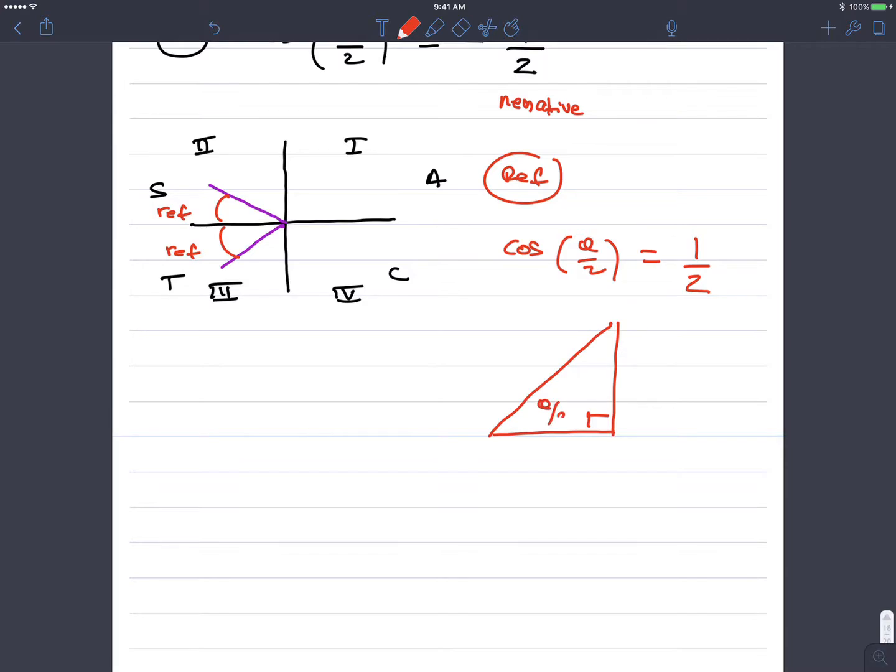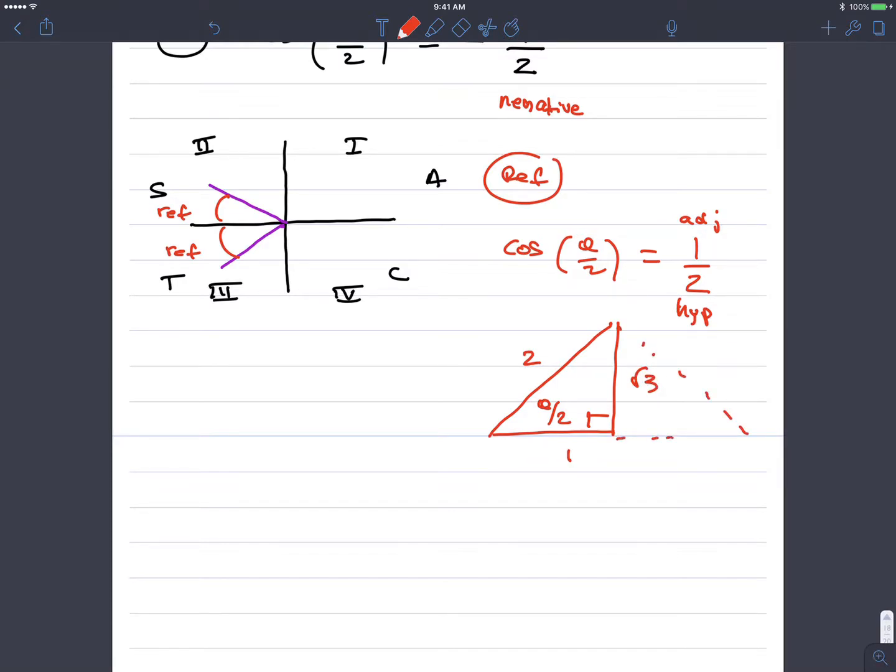Theta over 2. What's the definition of cosine? Adjacent over what? Hypotenuse. Is that right? So we got 1, we got 2. What's the opposite side going to be if this is 1, 2? Good job. Special triangle.